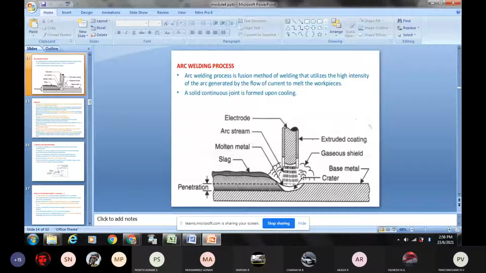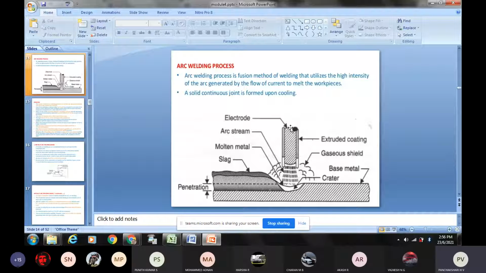Now here you can see the other terminologies. This center portion is the electrode, you can see the hatch. Outside is the electrode coating. The electrode is nothing but the base.